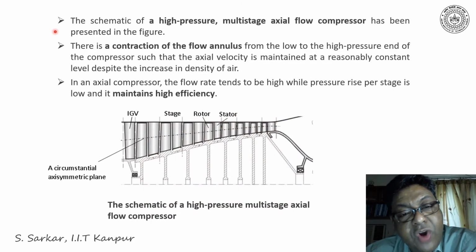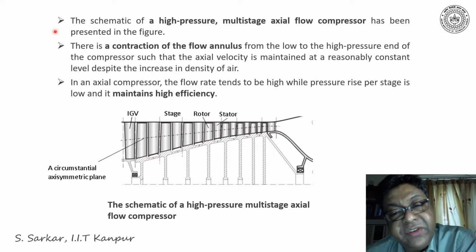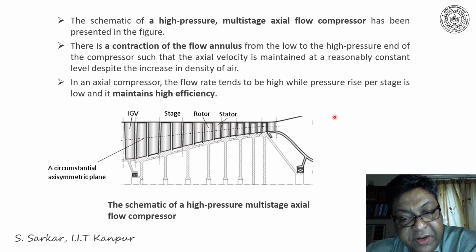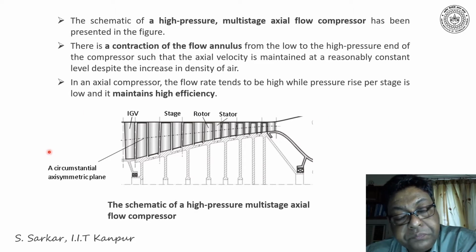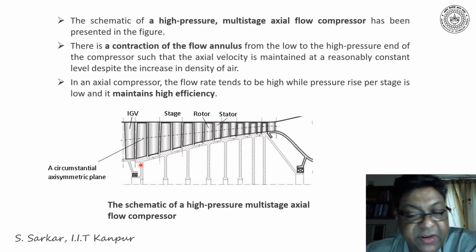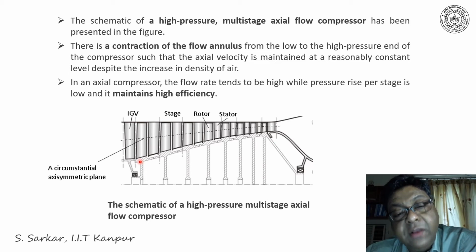The schematic of a high-pressure multi-stage axial flow compressor has been presented in the figure here, where one can appreciate that the rotor is connected to the hub while the stator is connected to the casing. Furthermore, the stage has been indicated here, which is a combination of the rotor and the stator.